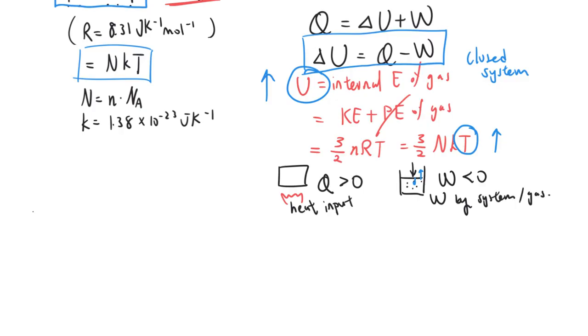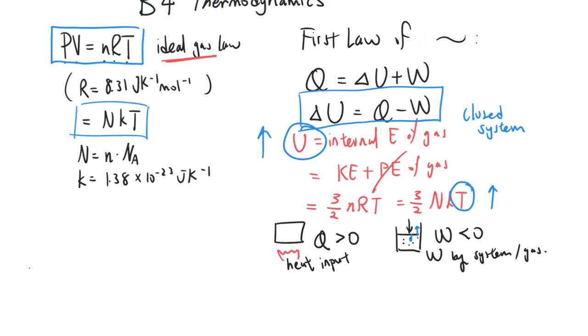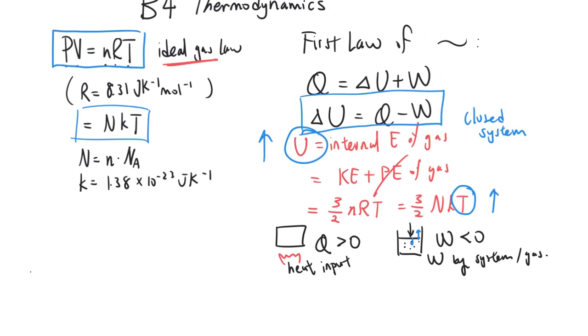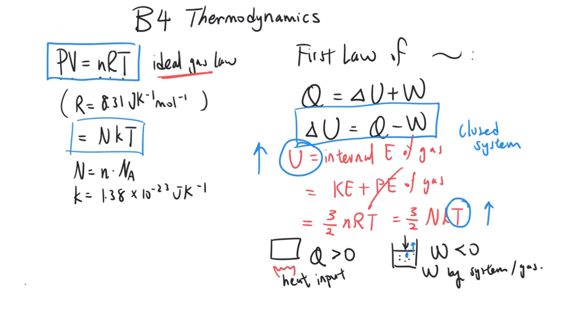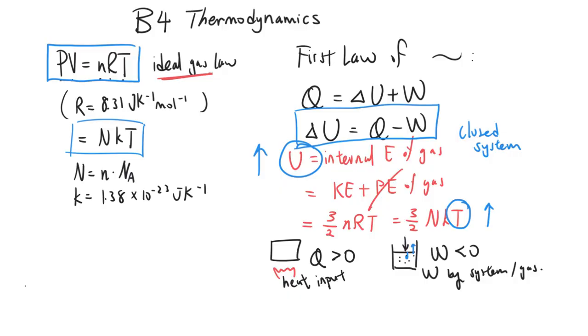So these are the two ways in which you can add or take away from the internal energy of a gas. And together we have this first law of thermodynamics. Now, at root, this is just energy conservation, because it's trying to say that all the changes in my internal energy can be accounted for by some energy input or some energy output, or their combination.